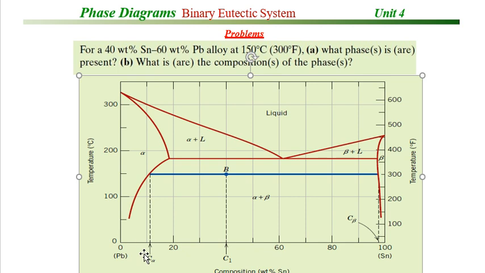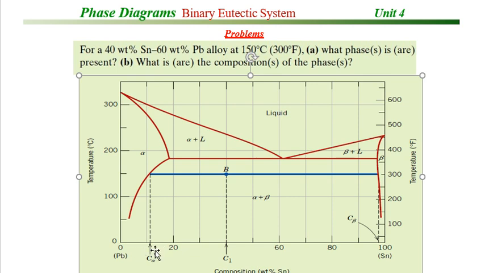Now draw perpendiculars here and here. We'll be writing in terms of tin. So this is approximately 98%, this is 40%, as given in the statement, and this is slightly more than 10, so we'll write it as 11%.